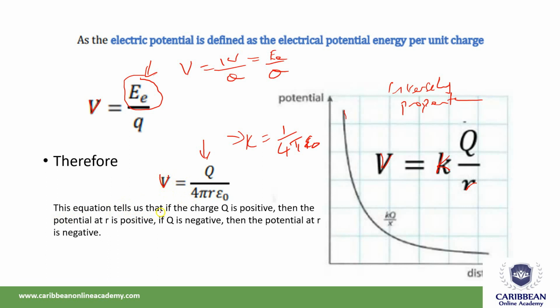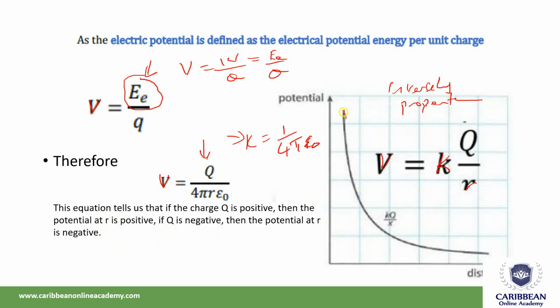So this equation tells us that if a charged particle is positive, then the potential at R is positive. If Q is negative, then the potential at R is also negative.